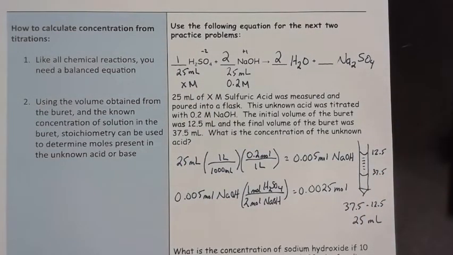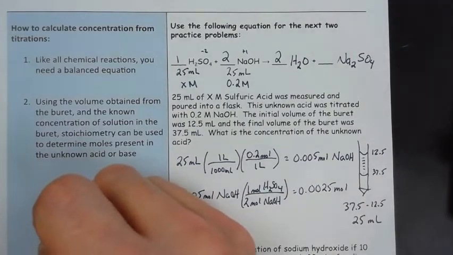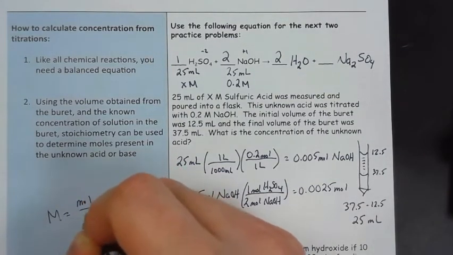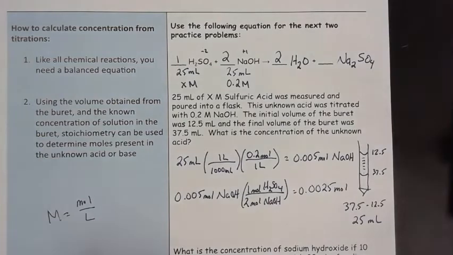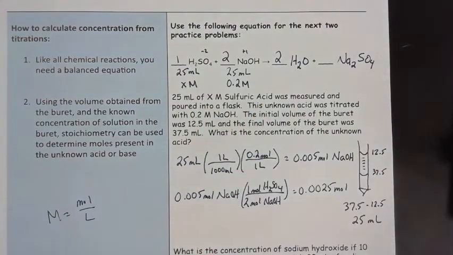So all we need to do is use the molarity equation. Remember, molarity is equal to moles divided by liters. So we've got 25 milliliters. We need to convert that to liters by dividing by 1,000.